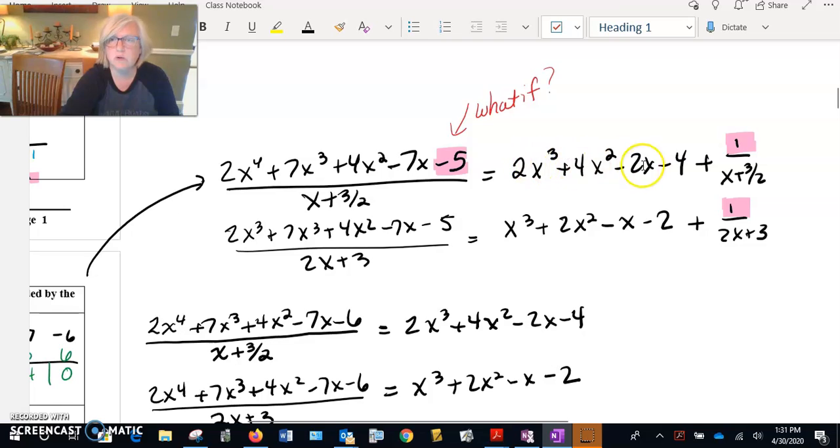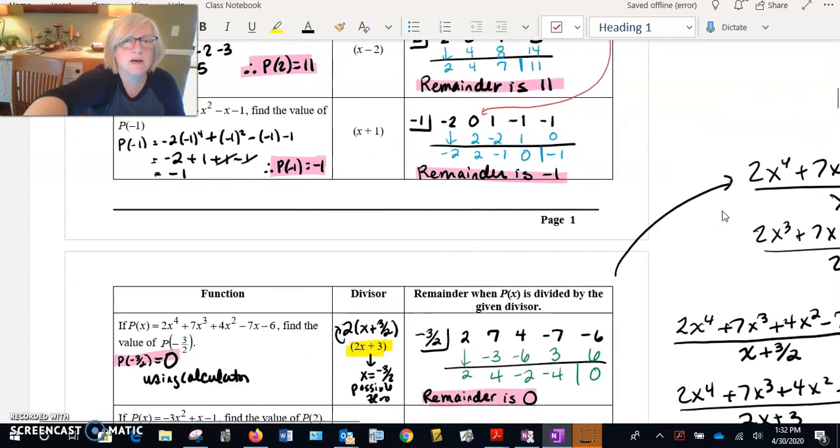Same quotient that you would have gotten before, but now you have a remainder of 1 over x plus 3 halves. If I divide both sides by that extra coefficient of 2, then that divides this by 2, and it also divides that fraction by 2, and it still has a remainder of 1. So I just thought I would mention that because I was verifying that for myself.